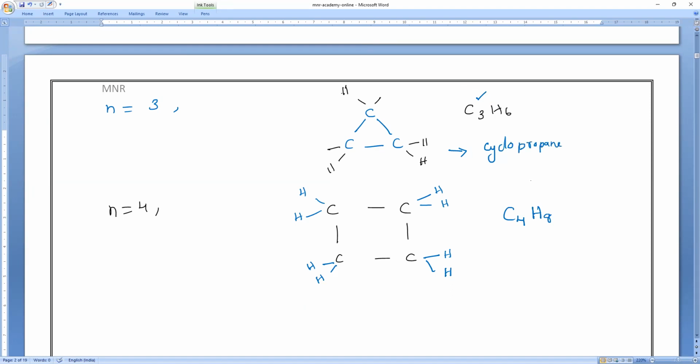So what is the name of this one, C4H8, everybody? Cyclobutane. Please write it. Cyclobutane.